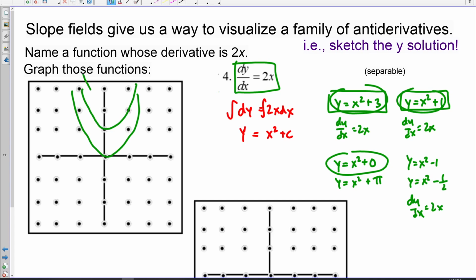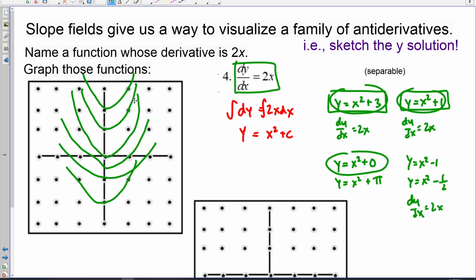Another answer is y equals x squared plus 2, or y equals x squared minus 1/2, or y equals x squared minus 1. So there's actually an infinite number of answers to this differential equation. And so to represent that, we can draw a slope field.